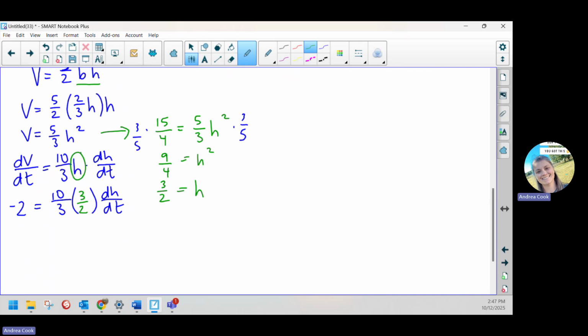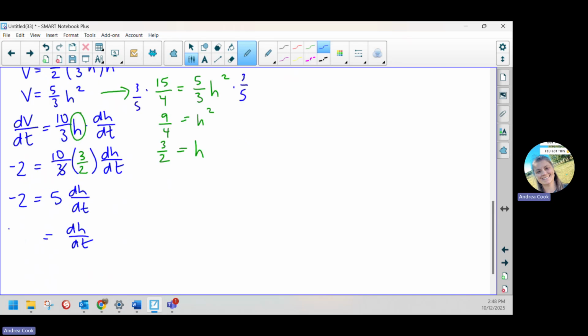And so let's go ahead and solve for dH over dt. So -2 equals, those 3's can cancel, so 5 dH over dt. So dH over dt is equal to -2/5. I'm going to put it over here so I can fit units on it.